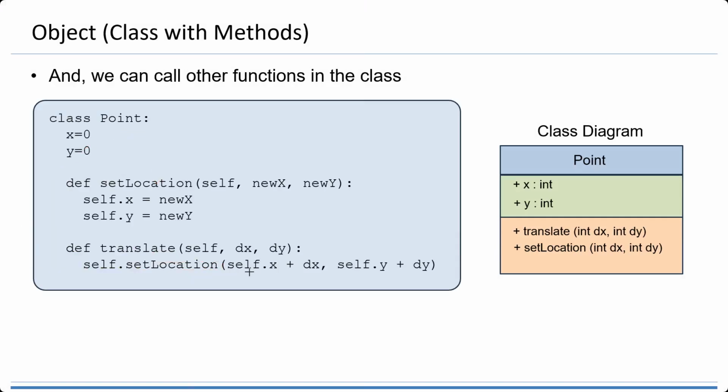How can I update the x? The x will be self dot x plus dx, and the y will be self dot y plus dy. This value will be a new y, and this value will be a new x. So we can update x and y based on the new value. So using this one, you still have the same class diagram, but the statement is different from the previous one.